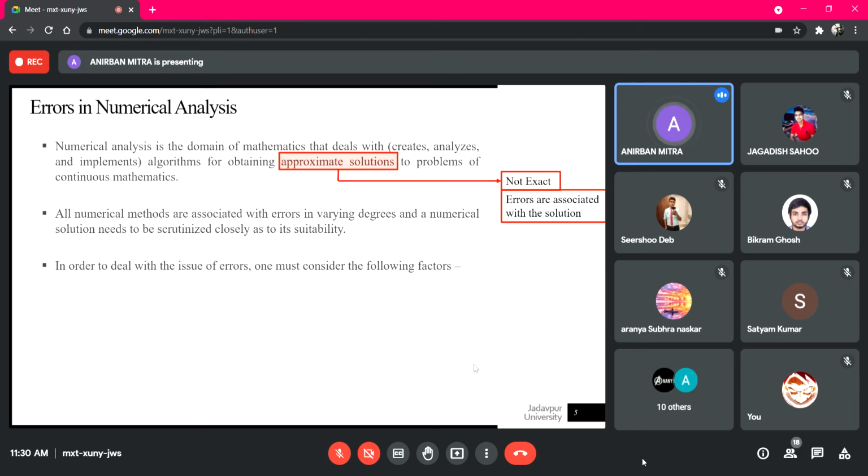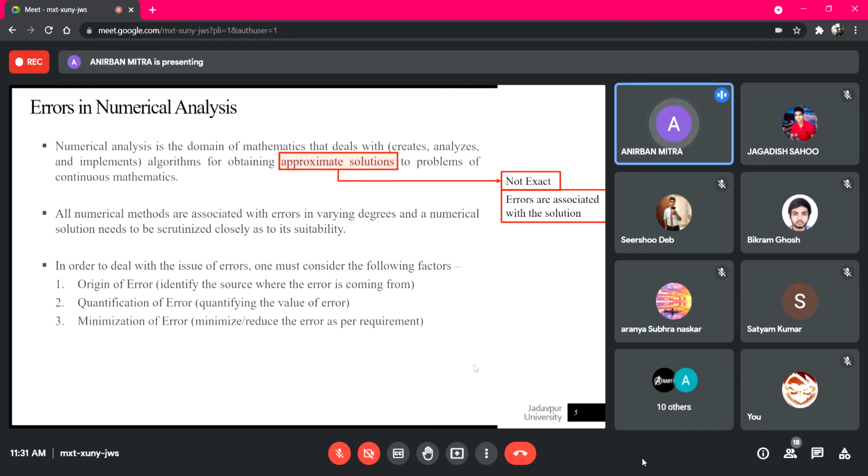These factors being, first of all, the origin of error. That means you need to identify the source of error, where this error is coming from. Secondly, quantification of error. That means putting a value to this error, numerical value, of course.